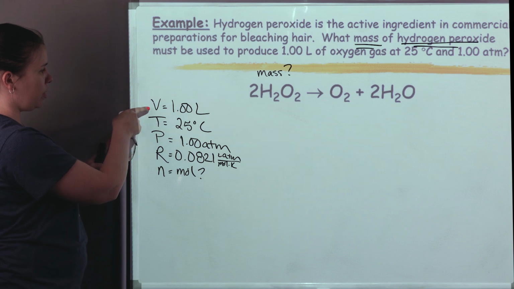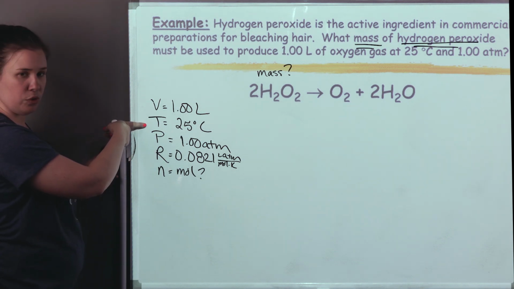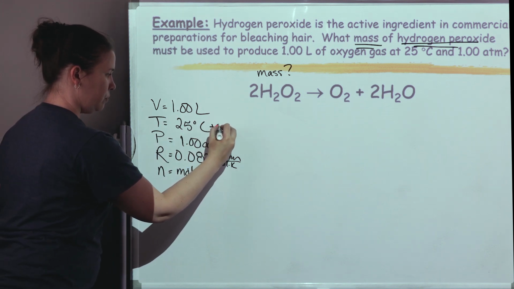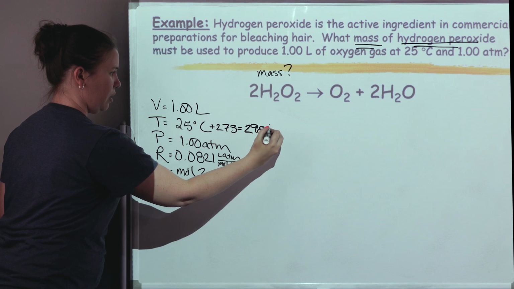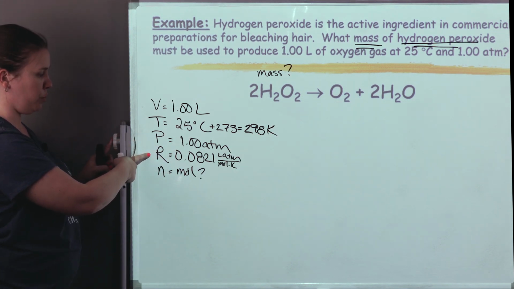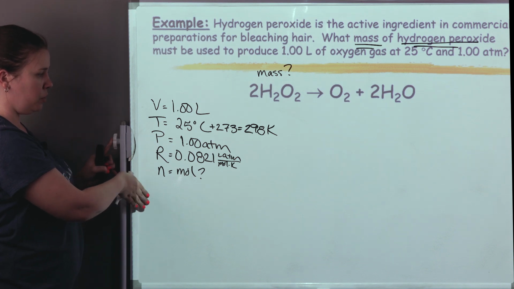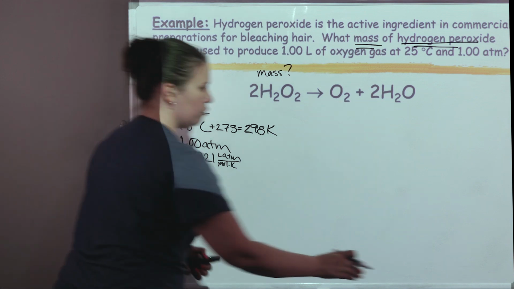The one thing that I want to check is units before we move forward. Liters, yes. Temperature in degrees Celsius, problem. So we're going to add 273 to be 298 Kelvin. Pressure in atm is good. All to match with R, so we can calculate moles. So here we are ready to plug in for the ideal gas law and solve for the number of moles.